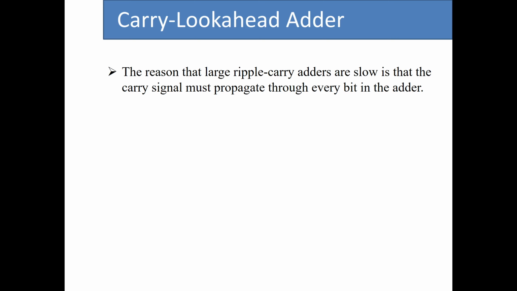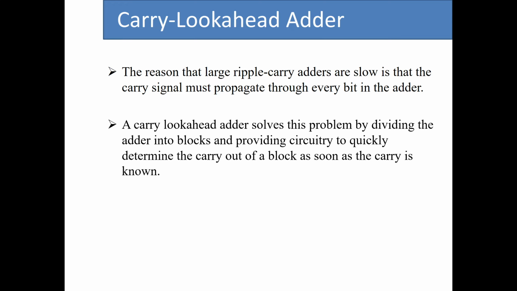So the reason that large ripple carry adders are slow is that the carry signal must propagate through every bit in the adder. So that is the main reason that we modify the design and create carry look-ahead adders, which are able to predict if we have a carry signal or not.